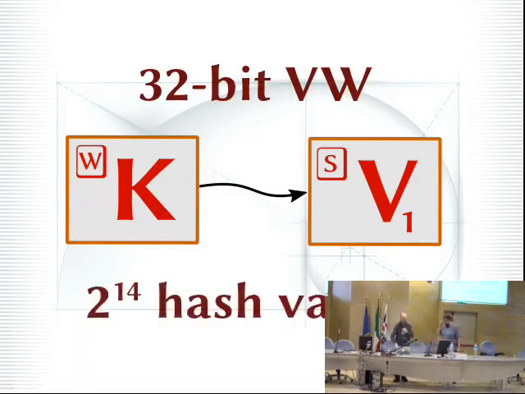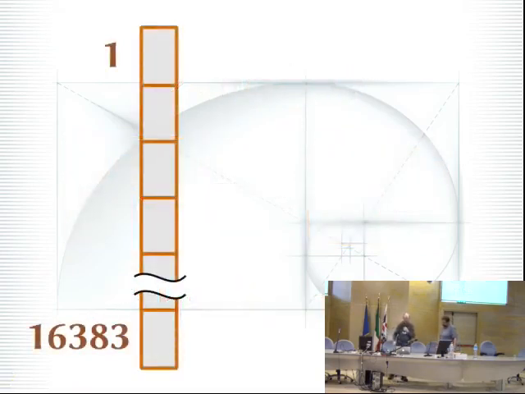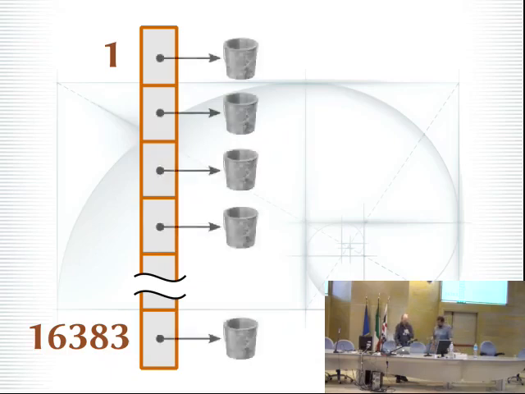But in 32-bit VW, there are only 2 to the 14th identity hash values. They range from 1 to 16383. So what I did was I built a table with exactly 16383 buckets, always. Because typically this thing goes from like 10,000 to 2 million, right? So if I pre-allocate all 16K buckets, it's fine.